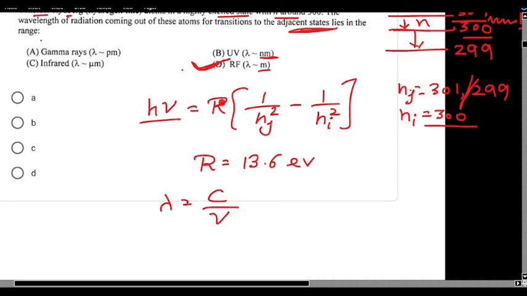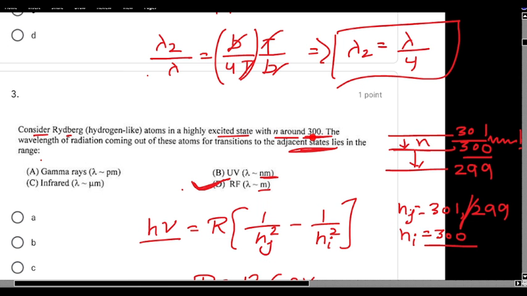You can simply say that if you are in a very highly excited state, the n value is very large, so the energy difference between adjacent levels is very small. So the energy of the released photon, h nu, is going to be very small, and the lambda is going to be very large, in the range of meters.